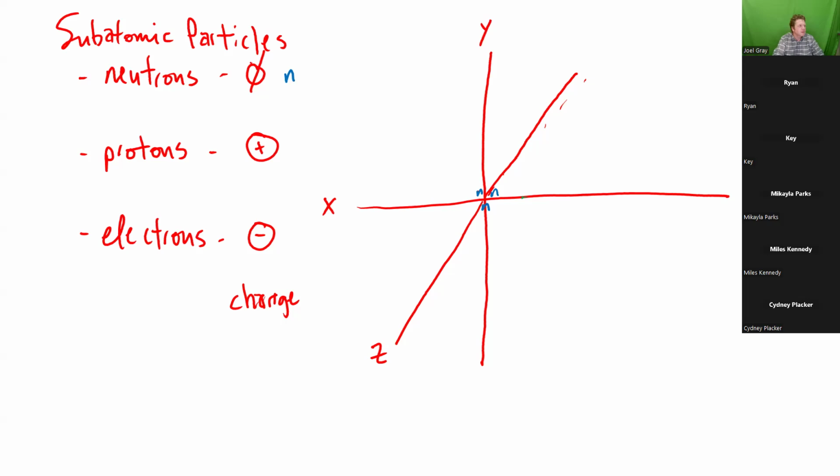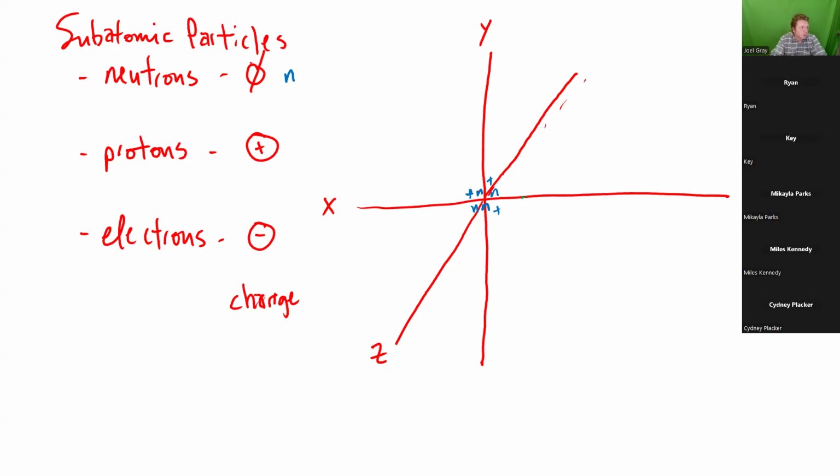Okay. The other subatomic particle that is in the exact center of an atom are your protons. So positive, positive, positive. Actually, I'll get rid of that one. And I'm going to draw another neutron. So I've drawn 4 neutrons and 3 protons.